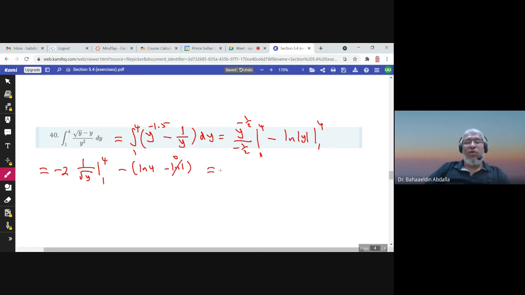So this would be equal to negative 2 times 1 over square root of 4, which is 1 over 2, minus 1 over square root of 1, which is 1, minus ln 4. Now half minus 1 is negative half. Negative times negative is positive. 2 times half is 1. So the answer is 1 minus ln 4.